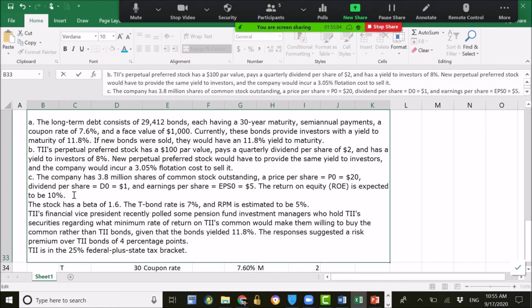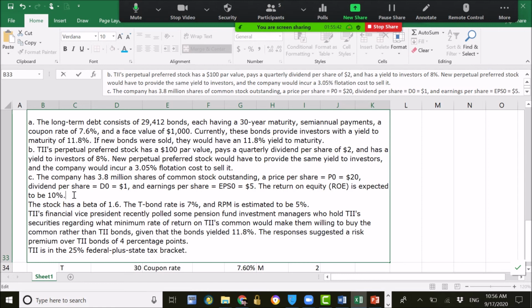So we have debt, and so I start with the debt information, and here we are considering the current market price.